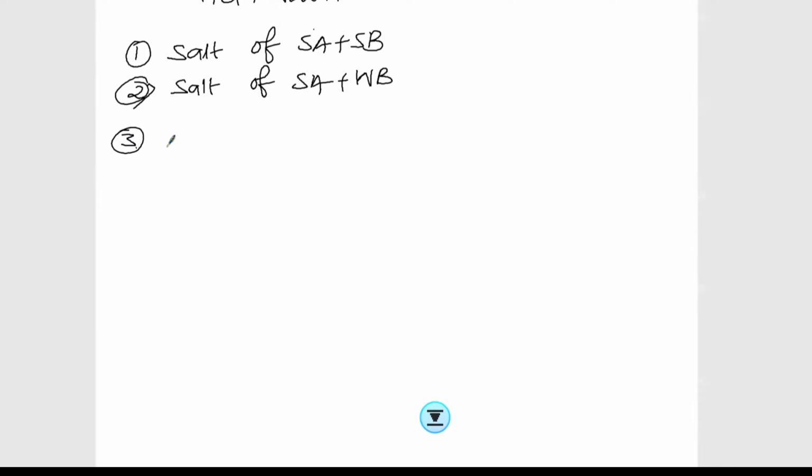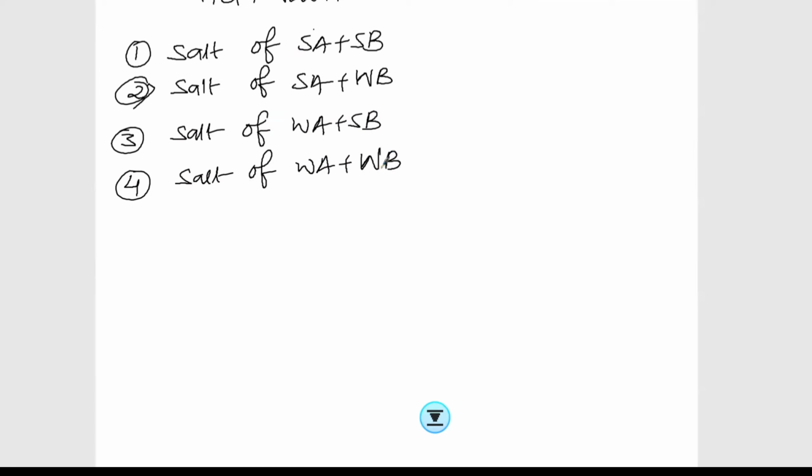Third one is salt of weak acid plus strong base. Fourth one is salt of weak acid plus weak base. This first category, salt of strong acid and strong base, will not hydrolyze, therefore we do not study it.